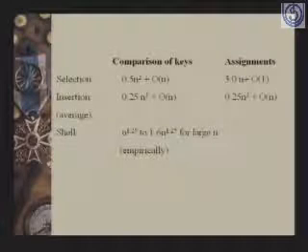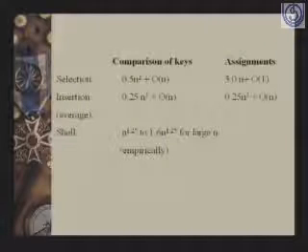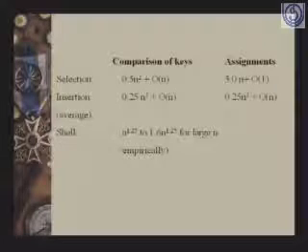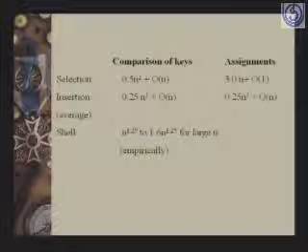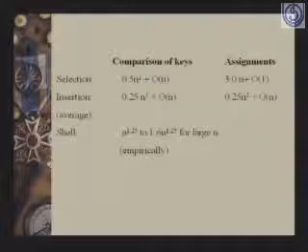Insertion sort, on the other hand, takes 1 by 4 n square comparisons, that is, almost half of the time taken by the selection algorithm in the matter of comparison of keys. That is, the number of keys which are to be compared is almost half in the insertion sort as compared to the selection sort.